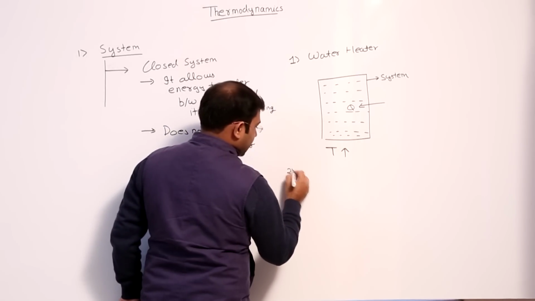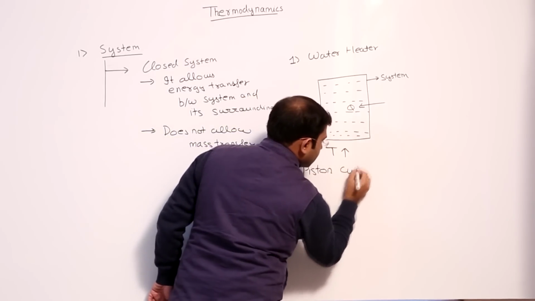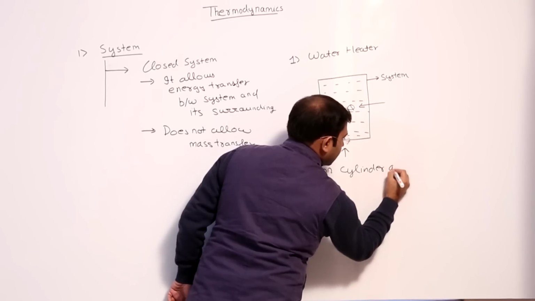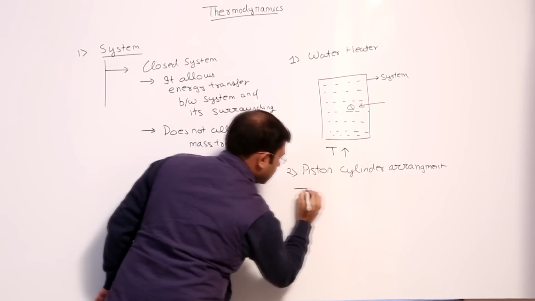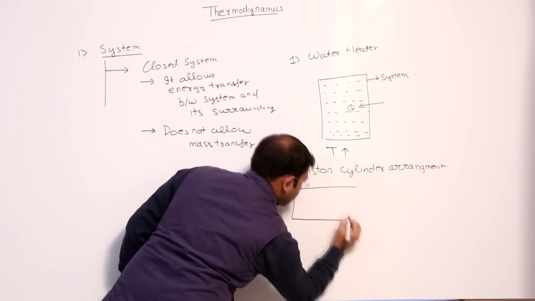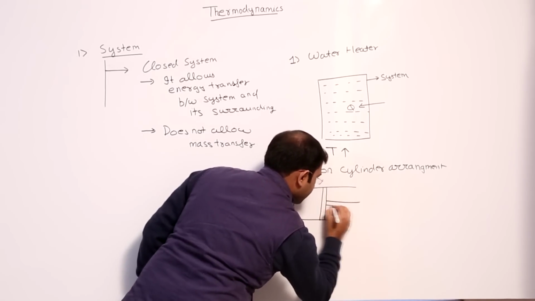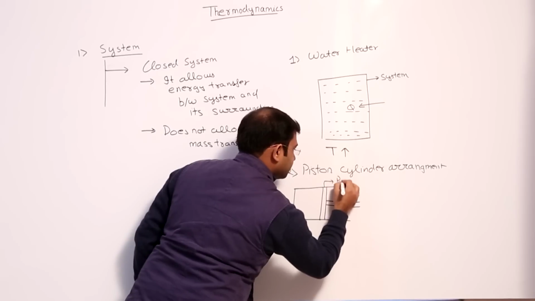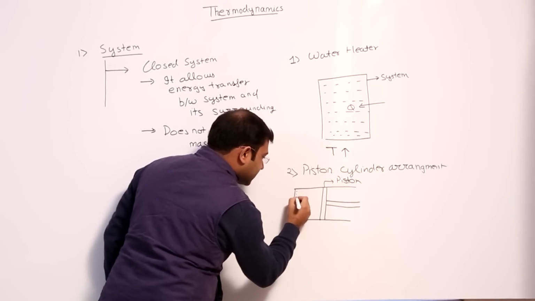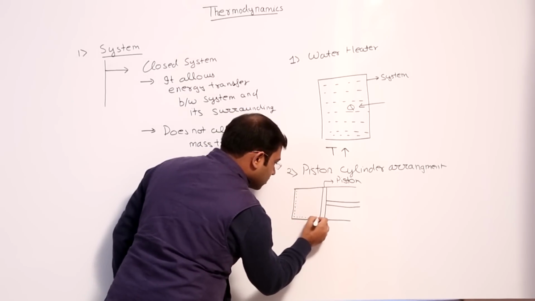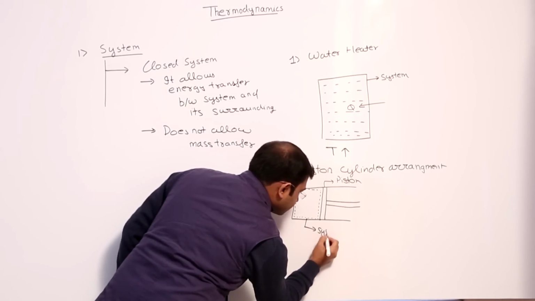See, the second example of a closed system is that of a piston cylinder arrangement. Now see, this is our piston cylinder arrangement. This is our piston. And here are the gases and we are interested in this portion. So this region becomes our system.